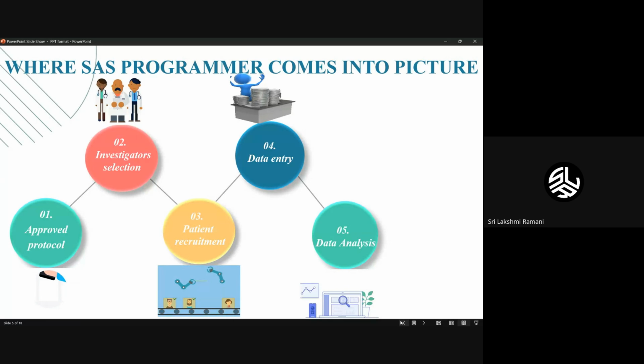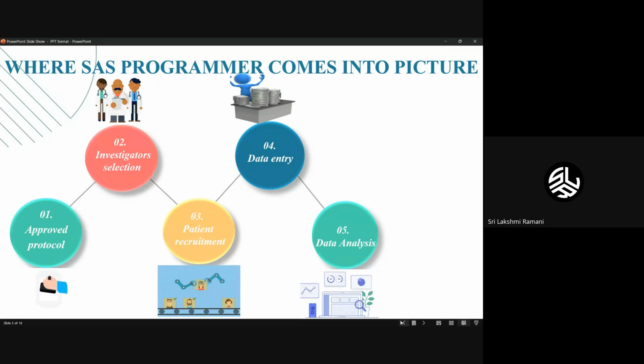This data will be analyzed by the SAS programmers. Instead of showing all this log, all these reports, all the CRFs, all these ADC forms to the US FDA people, we will show a simple graph or a table or a figure.